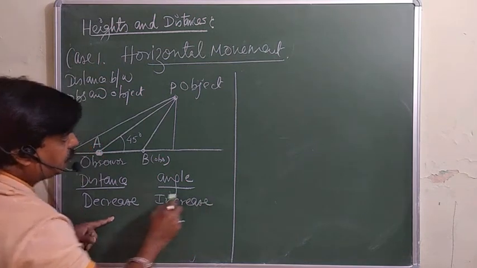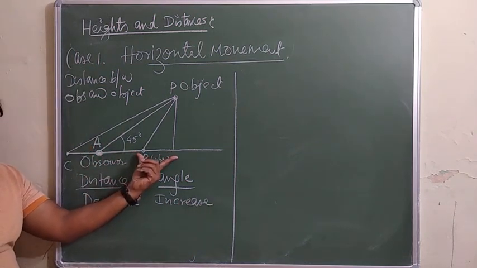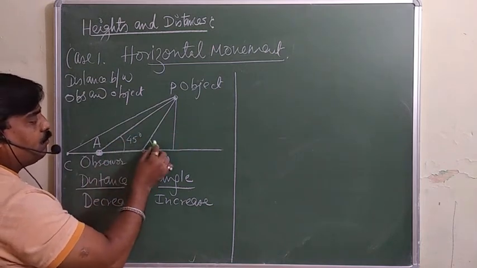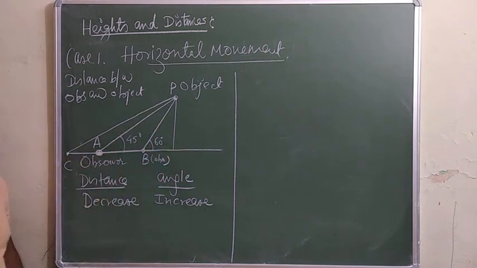Angle हमेशा increase करेगा. तो if you are coming closer to the object, तो ये angle बढ़ेगा. So let us suppose 45, it may become 60 or whatever.